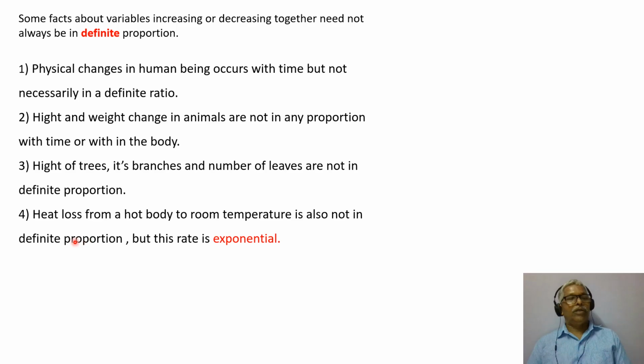I have included this because the loss is not in proportion but is exponential. You should know this, and we will study about this in higher standards. So do read this statement and keep it in your mind.